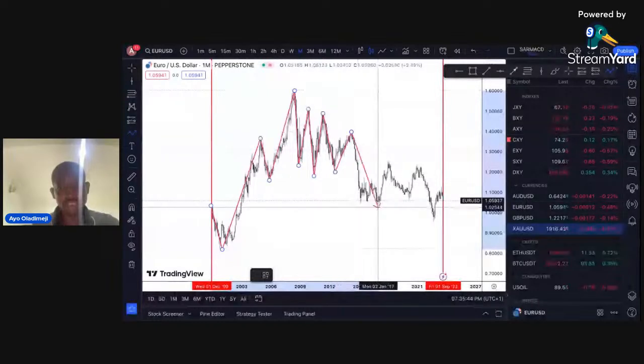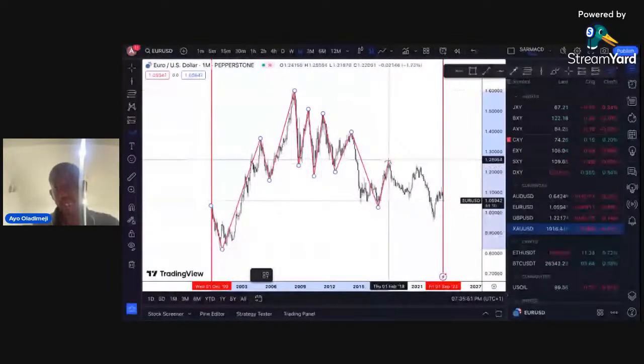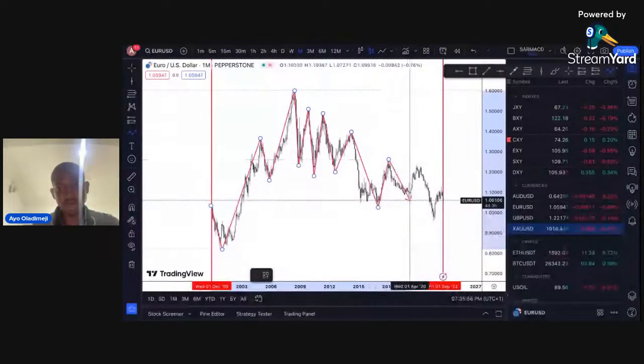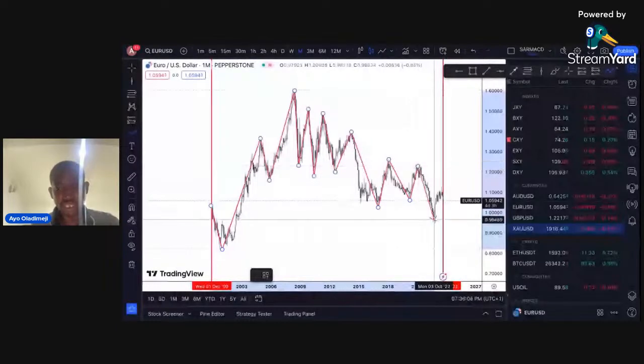And from that December 2017, it went up to February 2018, and then came down from February 2018 to April 2020. And from April 2020, it went up to February 2021. And from February 2021, it came down up to October 2022 last year.